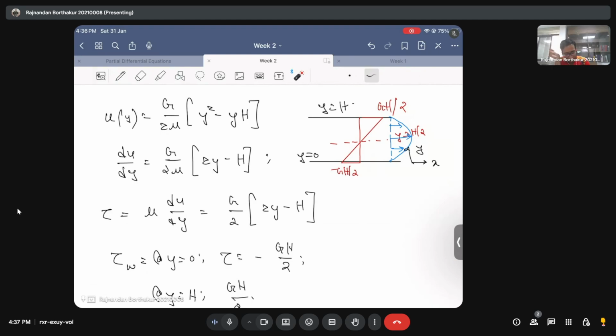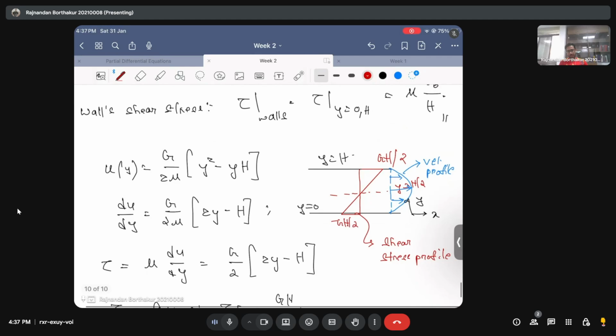And that's the reason why you have a negative shear stress when you come below this curve at y equal to h by 2 typically. Okay, that's the idea. So this is the velocity profile, and this is your shear stress profile.